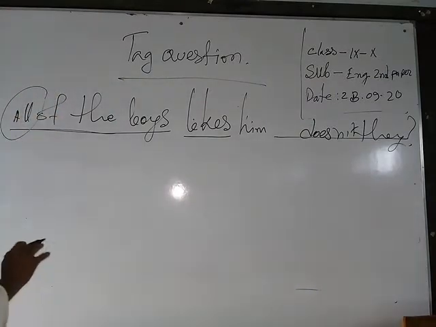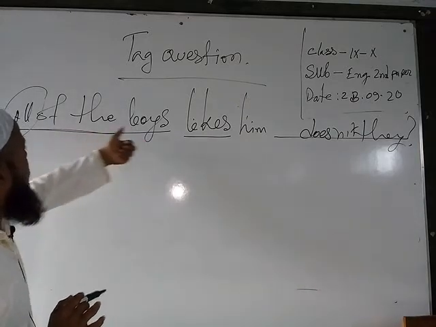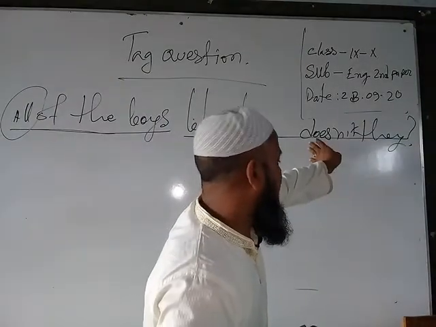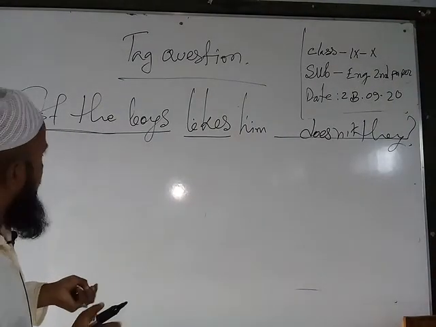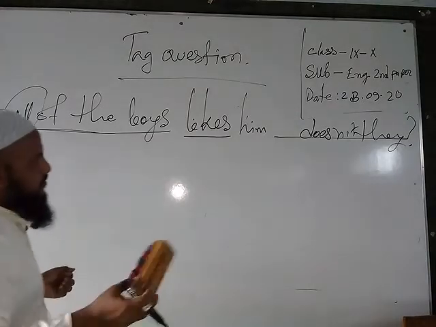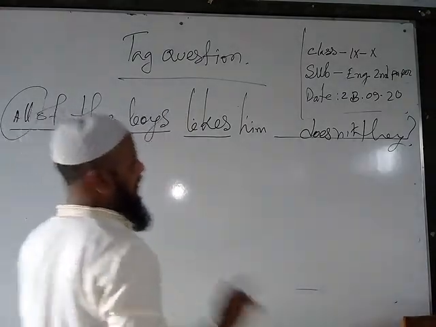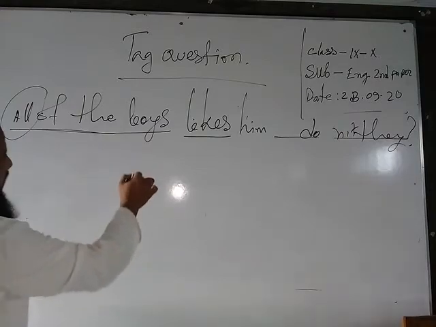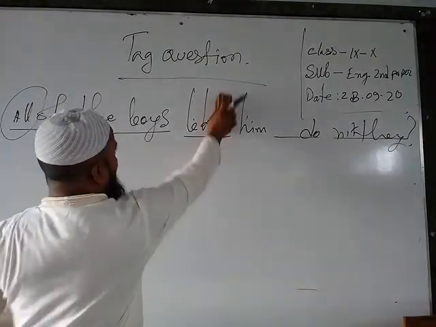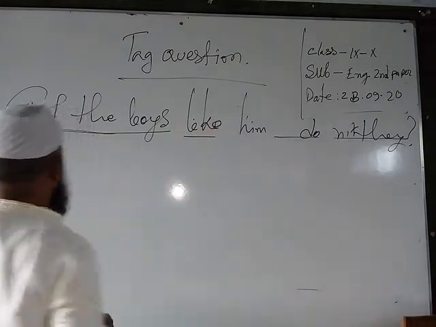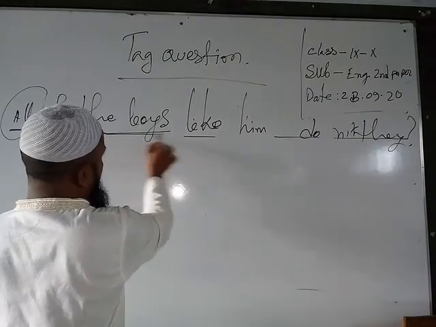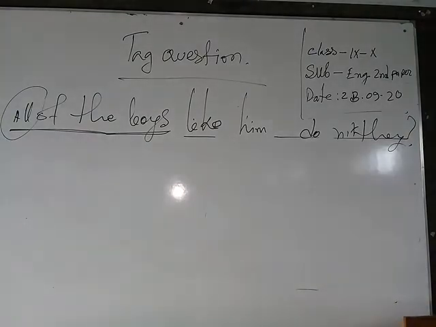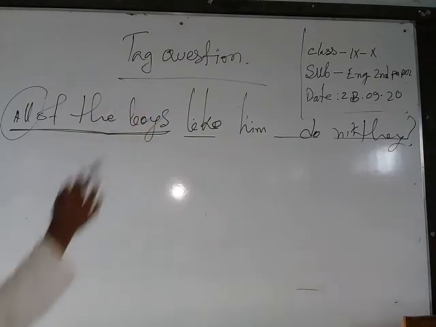That means if any sentence has all of the boy, it is incorrect. Sorry, exactly here: all of the boys don't like, all of the boys like, because all of the boys is plural, and plural forms take the base form of the verb. All of the boys like him, don't they.